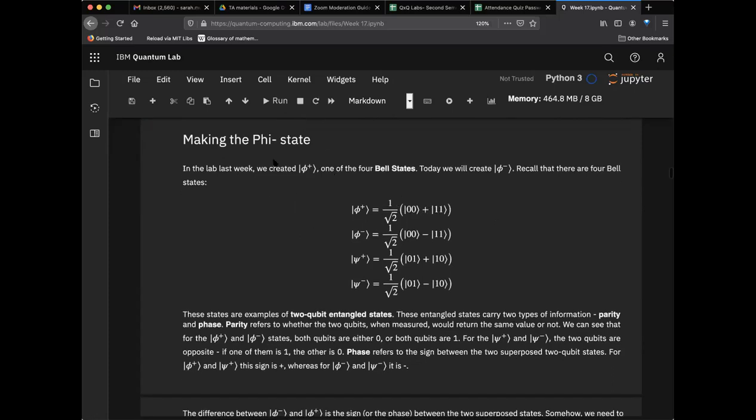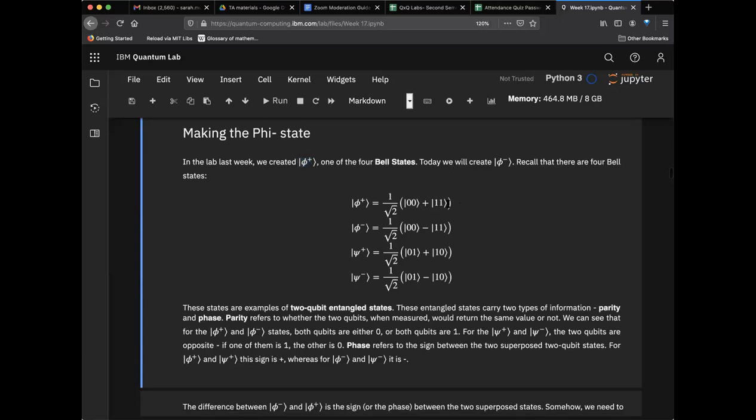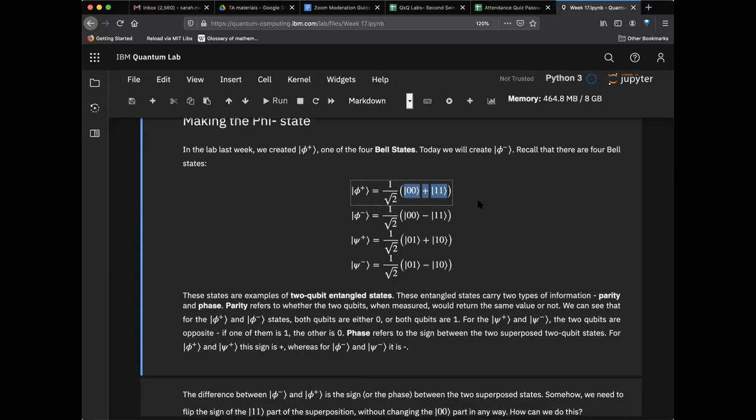So in the lab last week, we created this phi plus state, which is one of the 4 Bell states. And this phi plus state is just these 0, 0 and 1, 1 states. These entangled states can be referred to by 2 parameters. We have this all written out in case you want to review, but there is the parity and the phase.